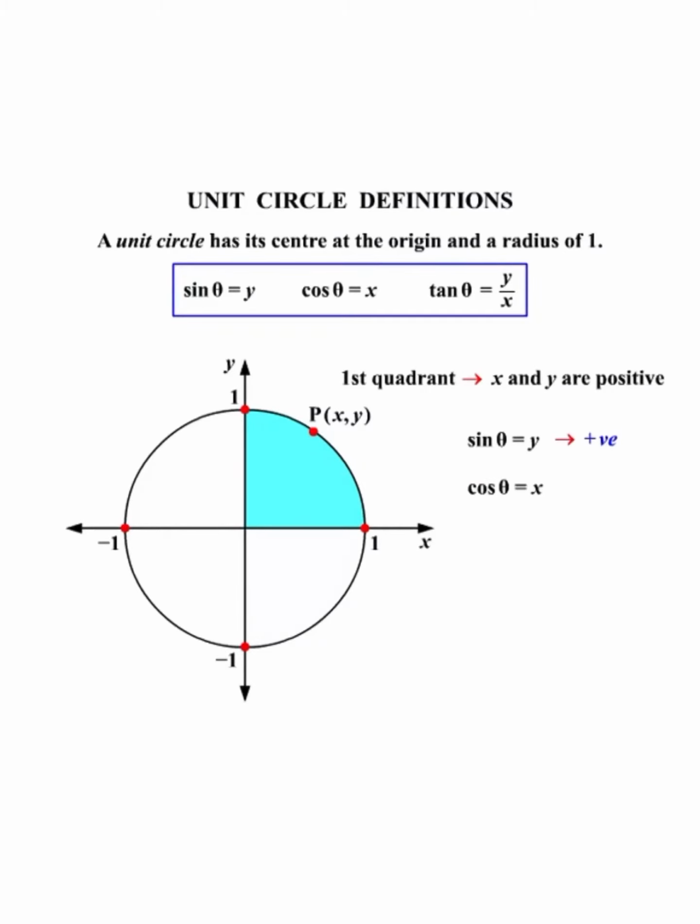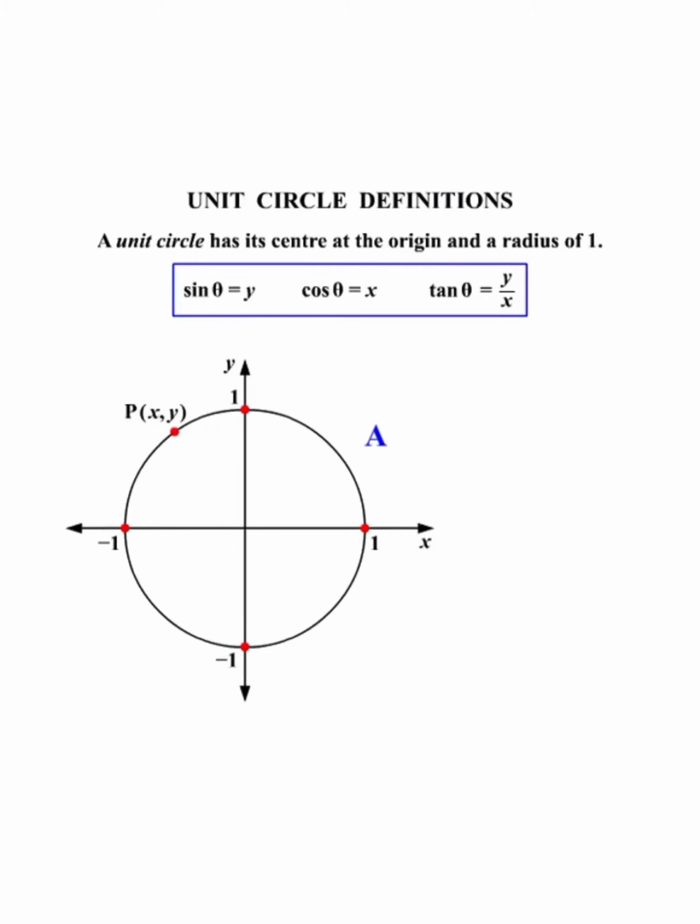And if cos theta is equal to x, then cos theta is also positive. Now tan theta, that's y over x, so positive divided by another positive, well, tan theta is also positive. So looking at that, we can see all three of the trig ratios are positive in that first quadrant, so a big capital A there to show that all ratios are positive.